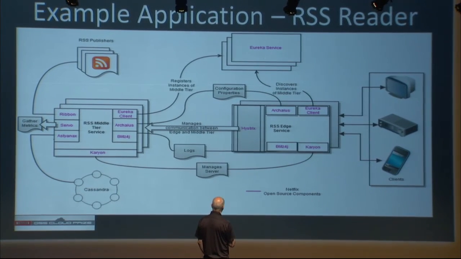There's our service registry, and a client for that. Archaius is used for configuration property management. And then we use Hystrix for managing communication with bulkheads and circuit breakers. And then we use Servo and Astyanax: Servo for sending metrics to AWS, and Astyanax for talking to Cassandra.